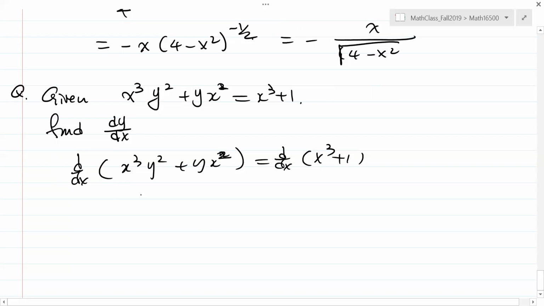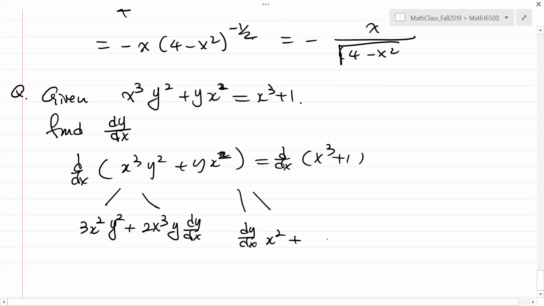So the first term is a product: it's 3x squared y squared, and then 2x cubed y dy/dx, because y is a function of x. And this one, you get dy/dx times x squared, plus 2x and y. And the right hand side is going to be 3x squared. So that's it.